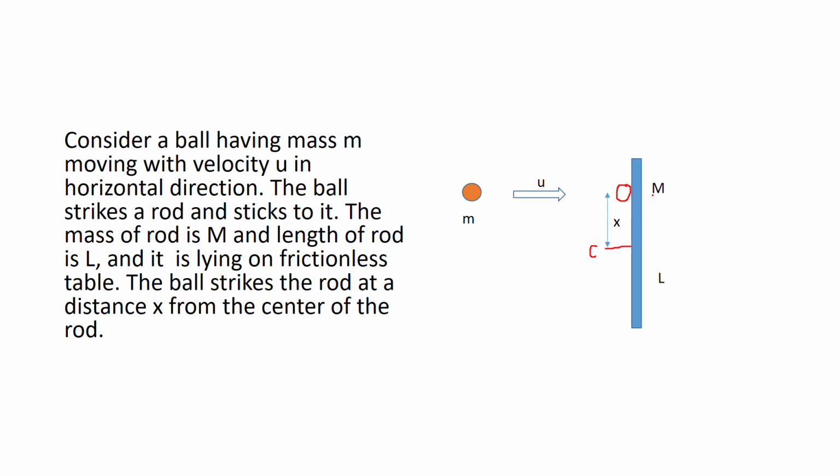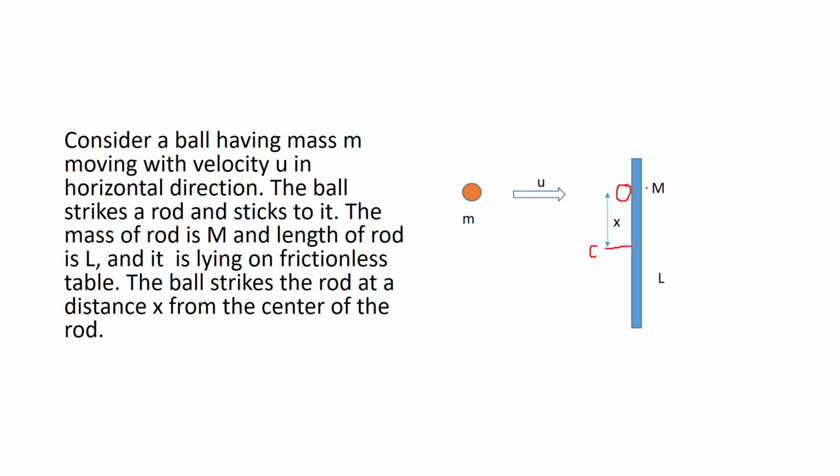The mass of this rod is capital M, and our goal is to determine the angular velocity of the rod when the ball sticks to this rod. Now, the main focus of this entire problem is first the conservation of linear momentum, second is conservation of angular momentum.